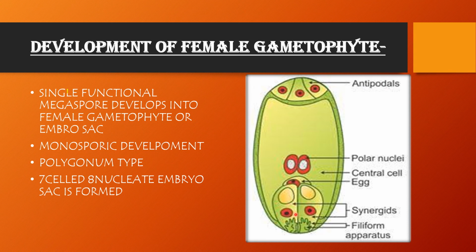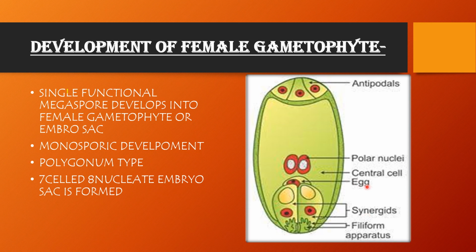The 3 which are present at the micropylar end are called the egg apparatus. This egg apparatus has 2 components. First, the centrally located cell is called the egg cell, and the 2 surrounding cells are called synergids.